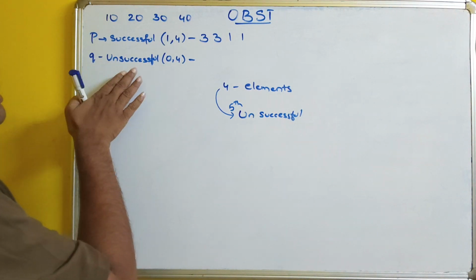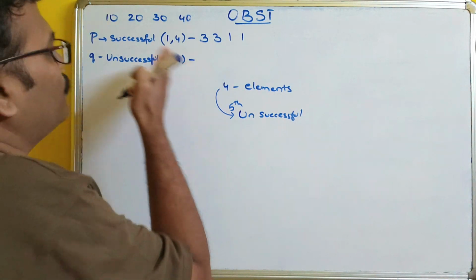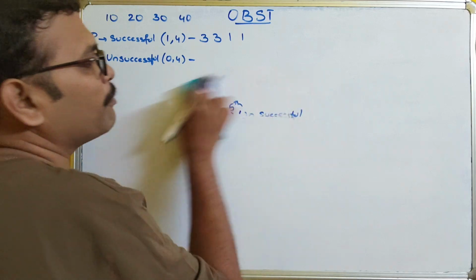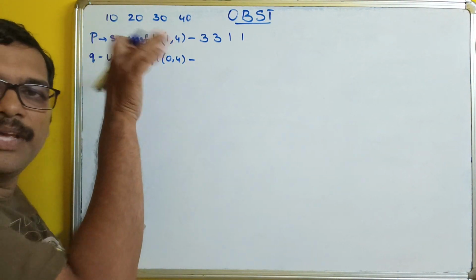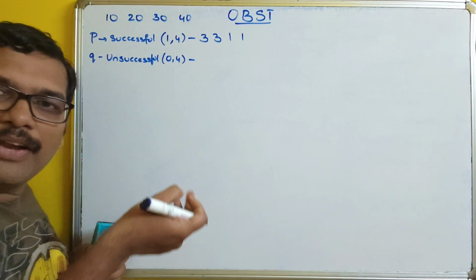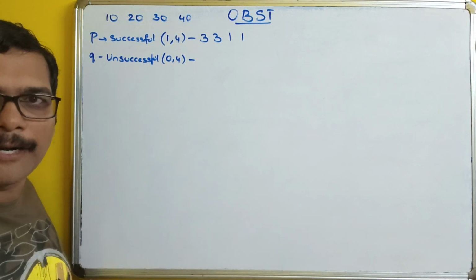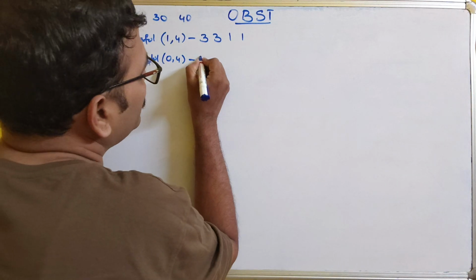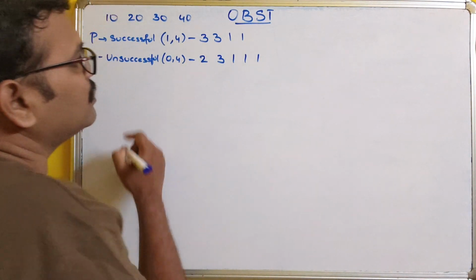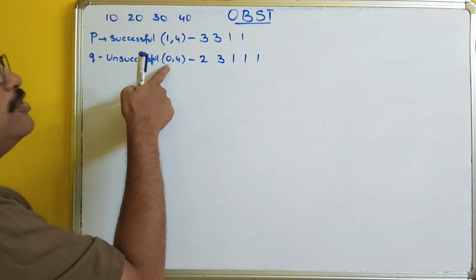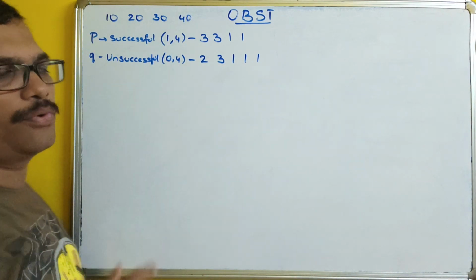So the unsuccessful nodes will be 5 and the successful nodes will be the number of elements. If n elements are there, the successful frequencies will be n and the unsuccessful frequencies will be n plus 1. So let Q be 2, 3, 1, 1 and 1. That's why we have given Q as 0 to 4, and P as 1 to 4.